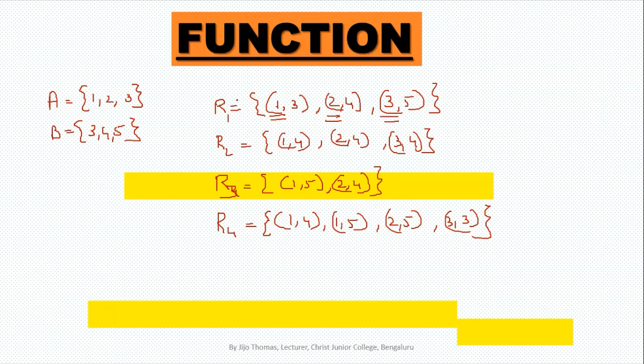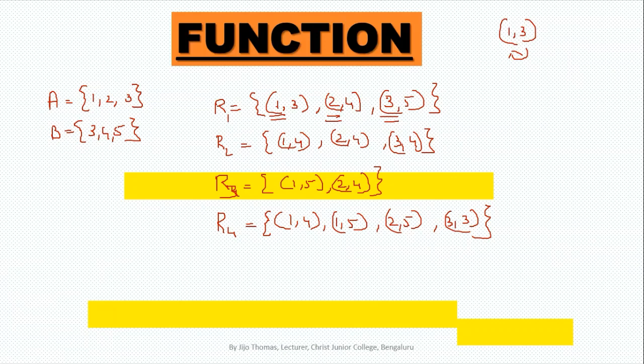I'll repeat, every element of the first set, that is set A, should be there as first element, and it should not repeat. A relation which is satisfying these two conditions is called a function. Or in other words, mathematically, we call this 3 the image of 1. 1, comma 3 means 3 is the image of 1. 4 is the image of 2. 5 is the image of 3.